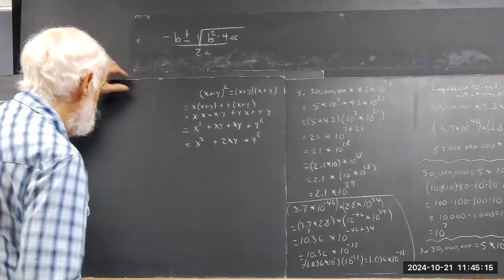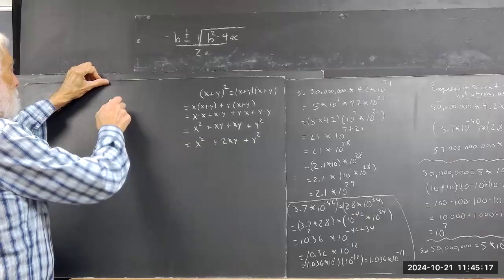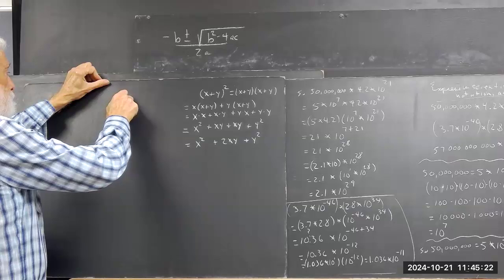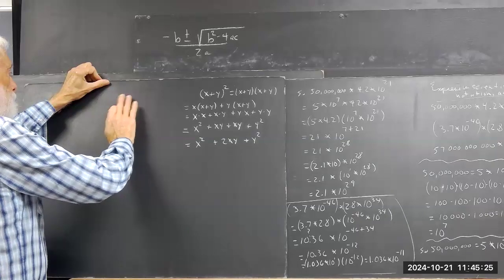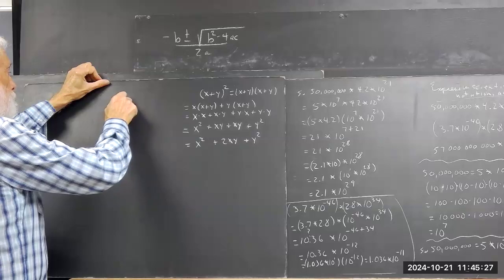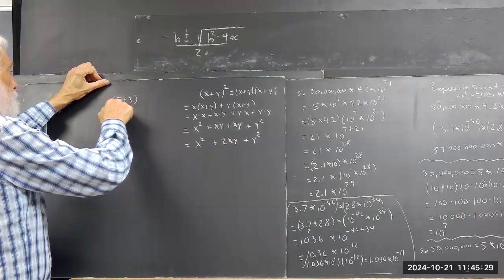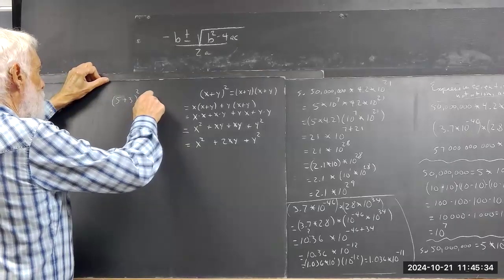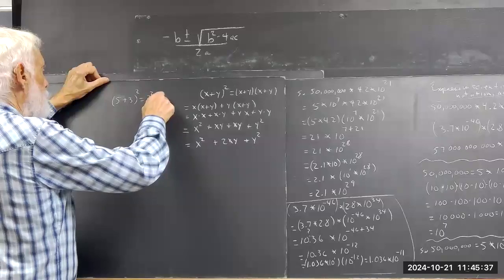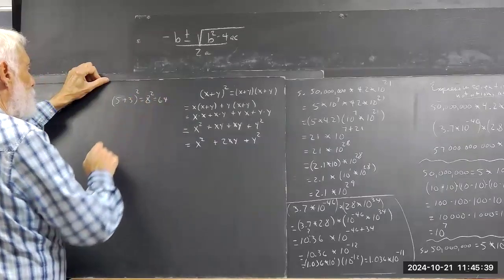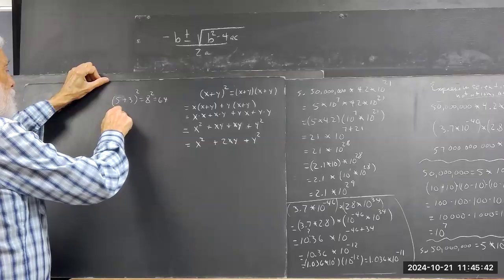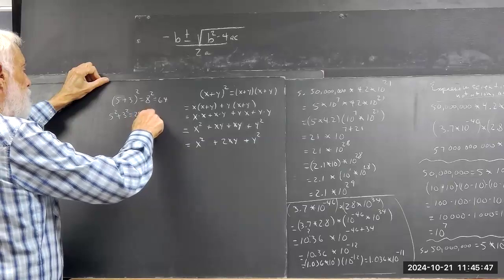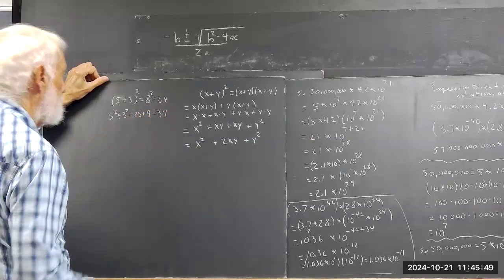Now let's look at an example here. Let's say we've got 5 plus 3 squared. Of course, that's 8 squared, which is 64. Now, 5 squared plus 3 squared is 25 plus 9, which is 34.